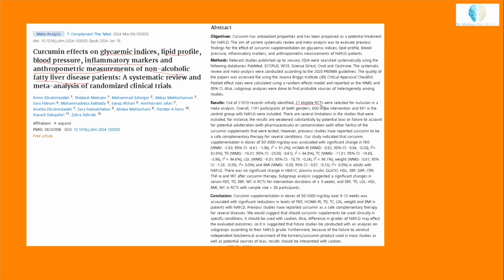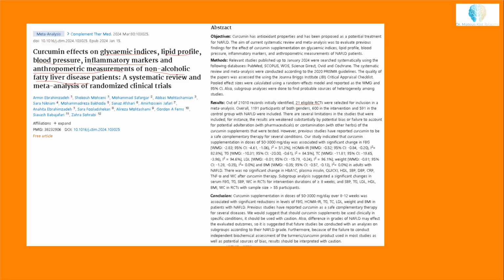And what they found, after making a review of the literature with all the specific rules, was that 21 studies were eligible. That meant that 21 randomized clinical trials fulfilled all the rules to be included in the review. They were selected for inclusion in the study, and in this case also in the meta-analysis. Sometimes you have, for example, a systematic review that includes 30 studies, but only 20 of them can be joined to make a meta-analysis.